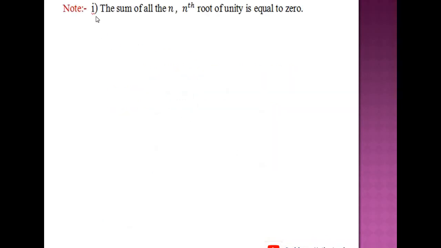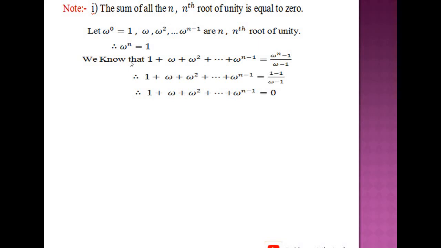Then note first that the sum of the nth roots of unity is equal to 0. Now we know that omega raised to 0 equal to 1, omega square, up to omega raised to n minus 1 are nth roots of unity. Omega is an nth root of unity, which means omega raised to n equal to 1. We know that 1 plus omega plus omega square plus up to omega raised to n minus 1 is the same as omega raised to n minus 1 upon omega minus 1. This is the standard formula for geometric series.